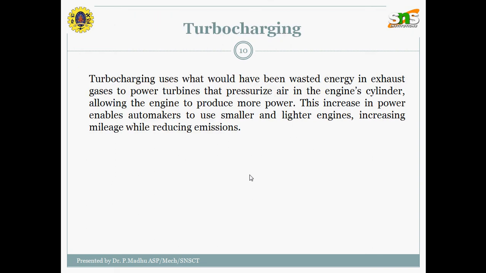Then turbocharging. Turbocharging is very simple. It uses energy that would have been wasted in the exhaust gases, which have a lot of heat energy.